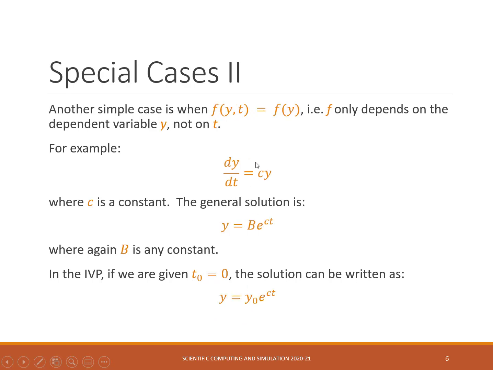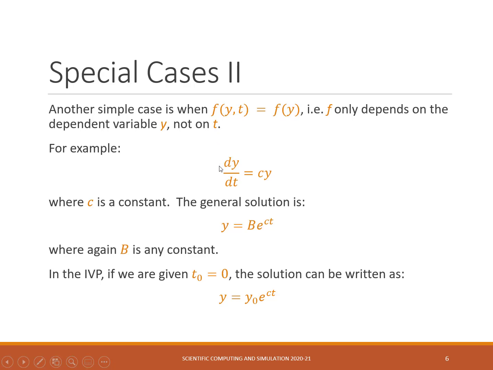In the previous slide, we considered the situation when f was just a function of t. Another simple case occurs if f is equal to f(y). In this case, f only depends on the dependent variable y, not on t. Similar to the previous case, in this situation, we can also analytically solve the differential equation and obtain function y.